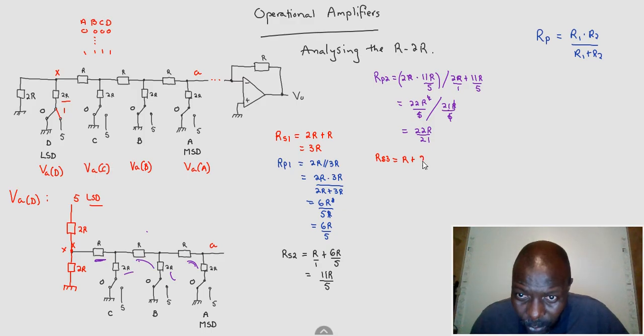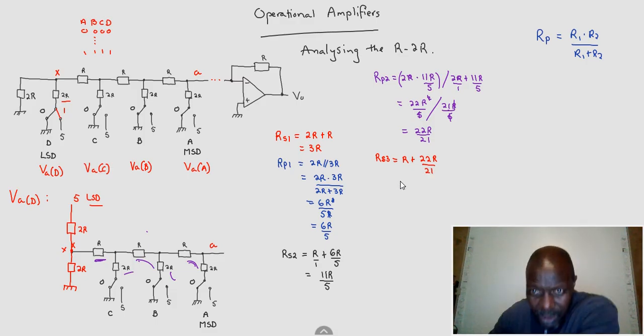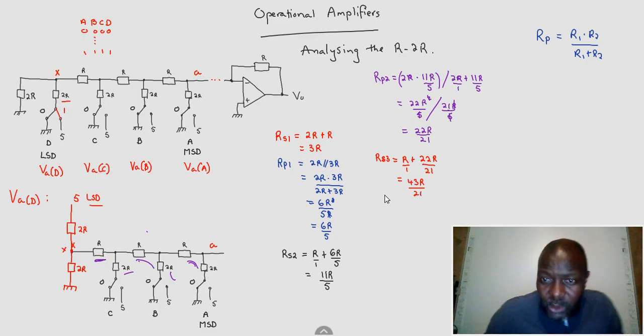That will be 22R over 21. Now to add this shouldn't be difficult. We say R over 1, so that we can change this to 21 by making that 21 times. This is 21R plus 22R, which is 43R. Now there's a common denominator because we changed this to 21.